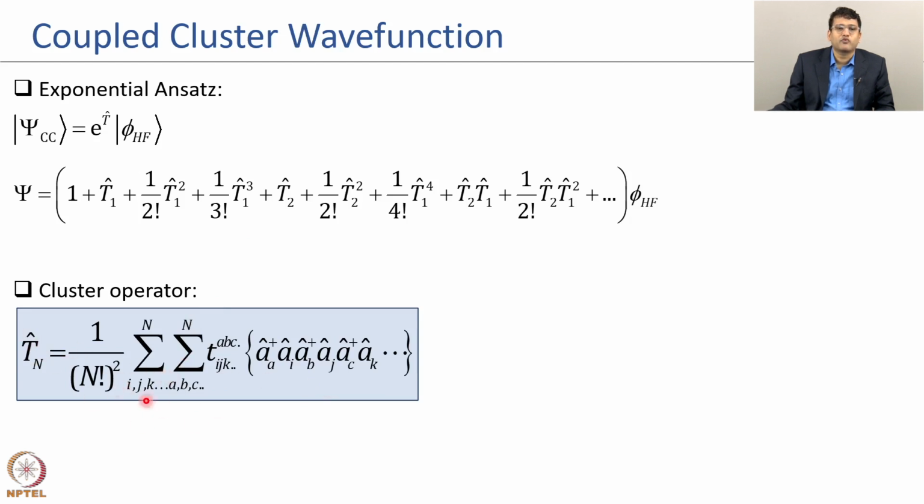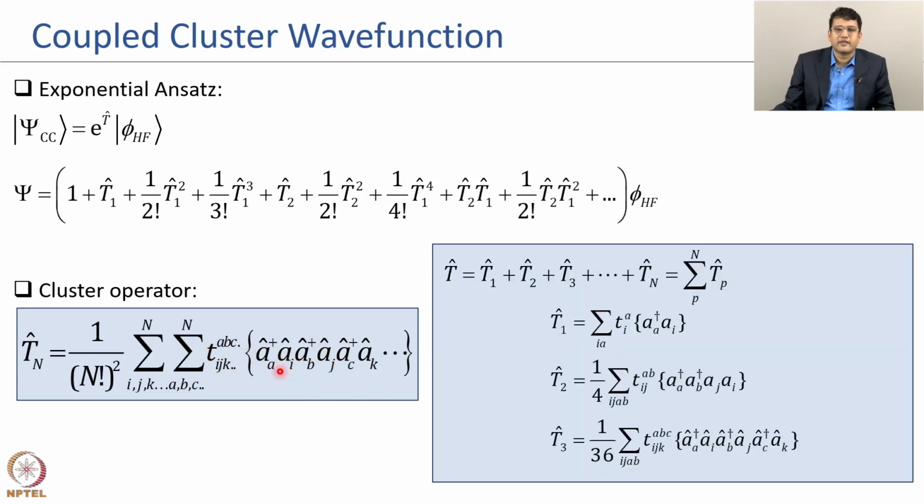For the n body cluster operator, the first part, the small t, is called the amplitude, and this part is actually what generates the wave function. We will come to what is within the curly bracket. So, for the one body operator this will look like this, for the two body operator T2 will look like this, for the three body operator it will look like this, and this will go up to the n body operator where n is the number of electrons in the system.